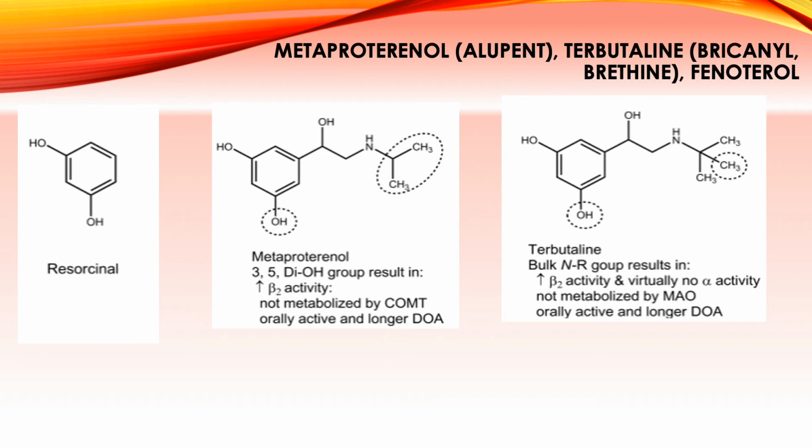And because this is already 3,5-dihydroxy, compared with isoproterenol, our metaproterenol has a longer duration of action because it is more resistant to our COMT or MAO enzyme, which allows longer duration of action due to the resistance to our metabolizing enzyme.